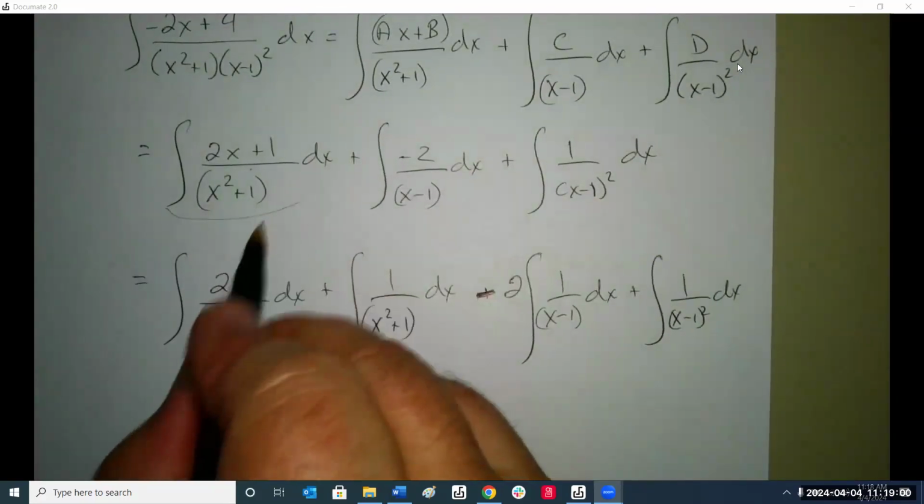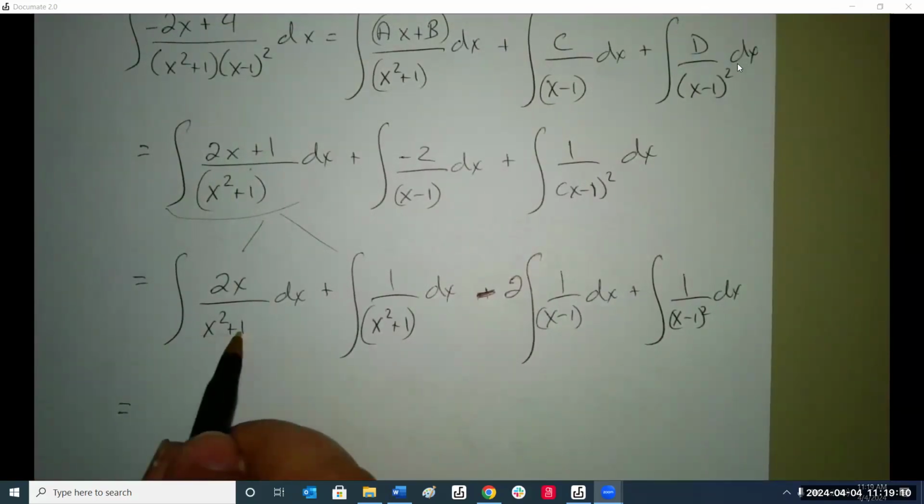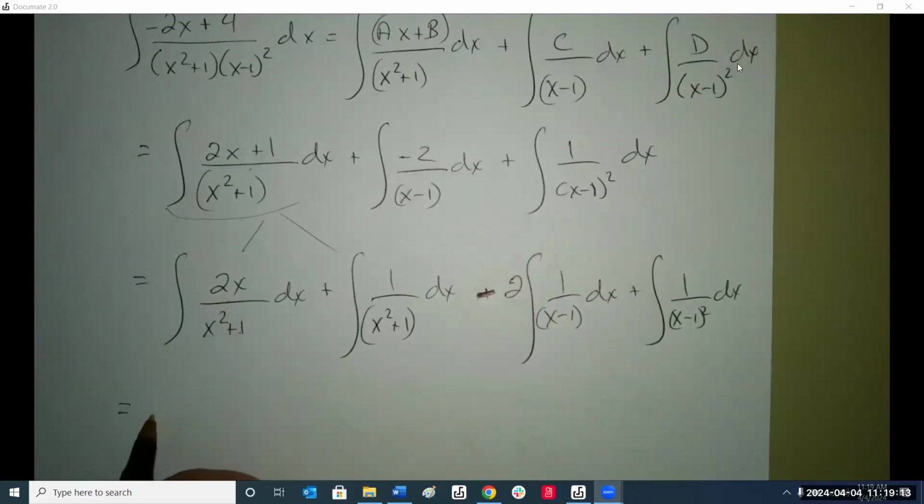So with this one, I could split it up into two parts because it's a monomial on the bottom and a binomial on top. So this is u du. So this becomes ln.